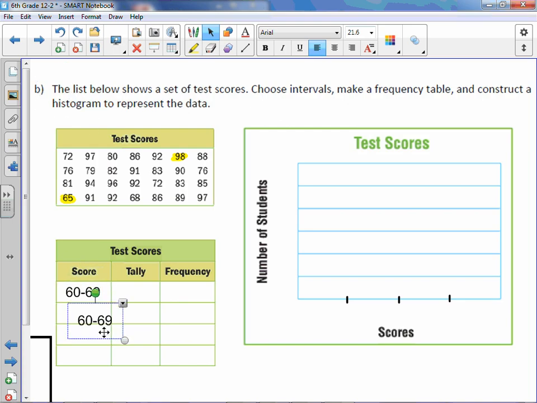Our second interval would be 70 to 79. Our third interval would be 80 to 89. And our fourth interval would be 90 to 99.